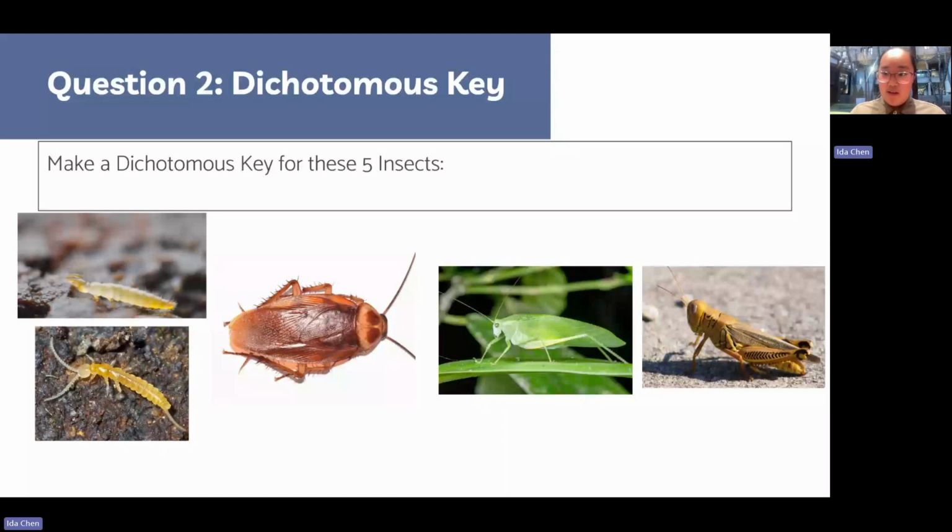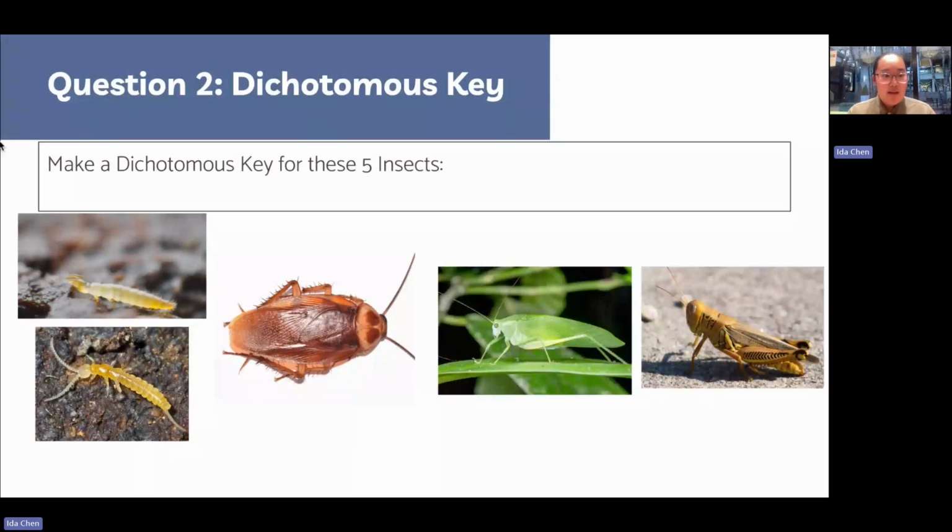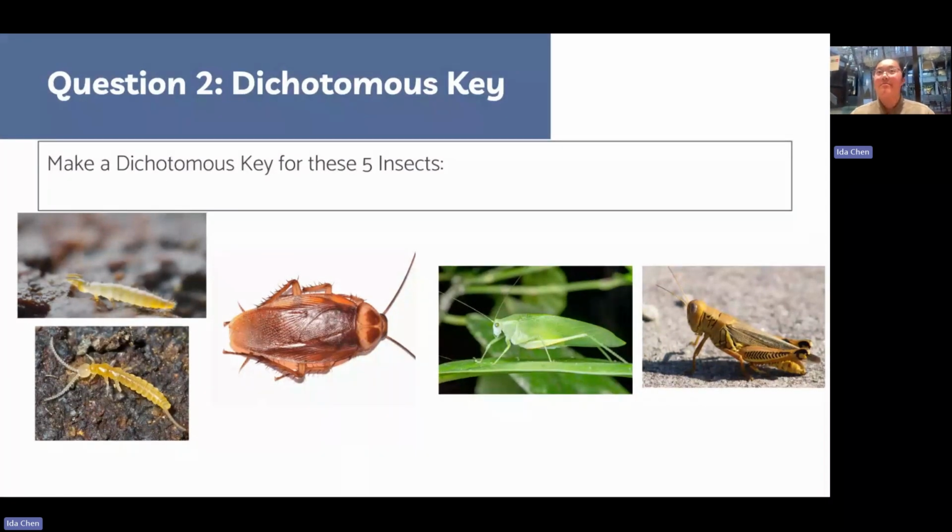Okay, I'm glad y'all are being so honest. Awesome, we get to learn how to do one. So you can think of a dichotomous key as a little tree that helps you whittle down in specificity in order to identify certain things.